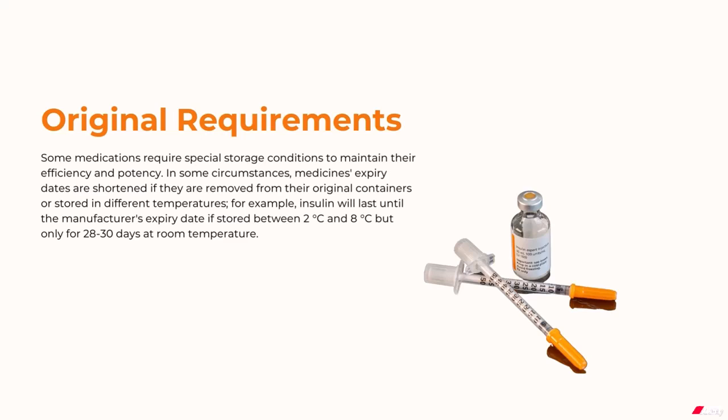In some circumstances, medicines' expiry dates are shortened if they are removed from their original containers or stored in different temperatures. For example, insulin will last until the manufacturer's expiry date if stored between 2 degrees Celsius and 8 degrees Celsius, but only for 28 to 30 days at room temperature.